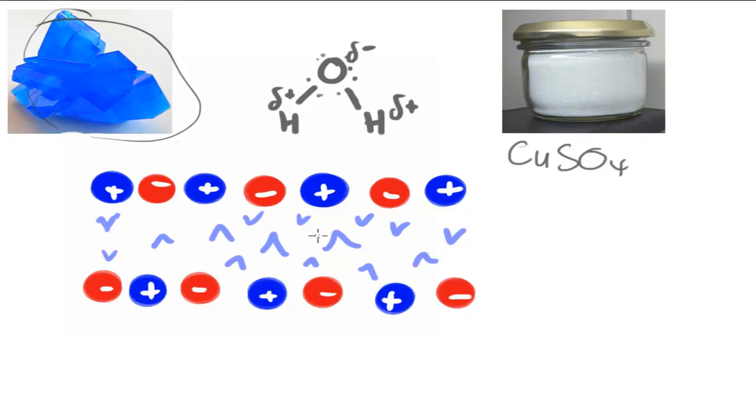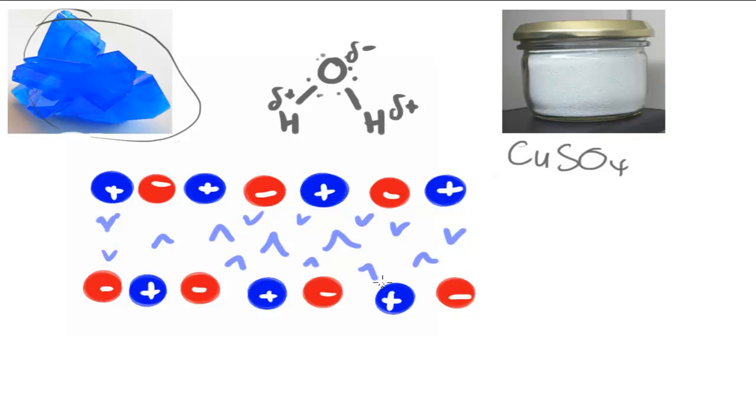Now the forces acting here are probably Van der Waals forces, something like that, but the water molecules and these ions are not covalently bonded to each other, though they do form an important part of the structure.